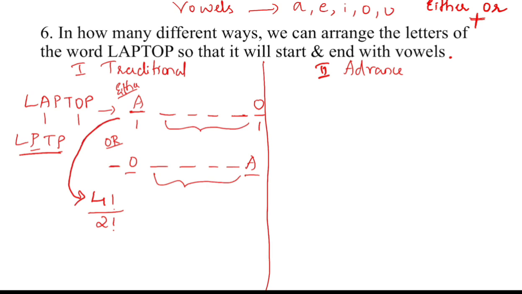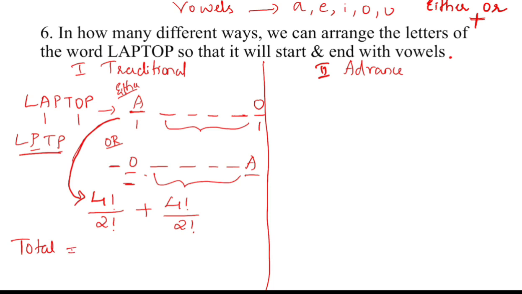So either in this case it is 4 factorial divided by 2 factorial, or in this way also it can be written. So in this also there are 4 places and P is repeating twice. So this also can be arranged in 4 factorial divided by 2 factorial. So both the cases we have to add, then we'll get the resultant, the total ways in which we can arrange.